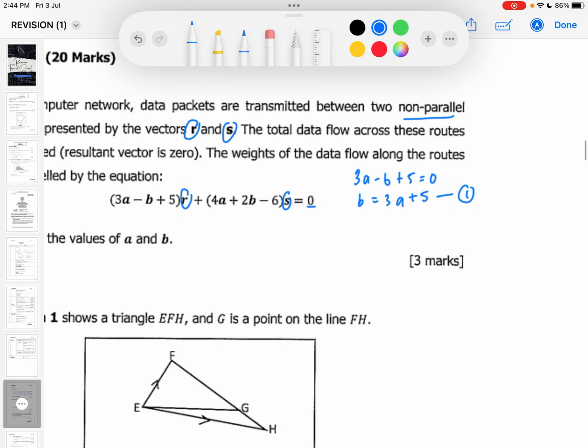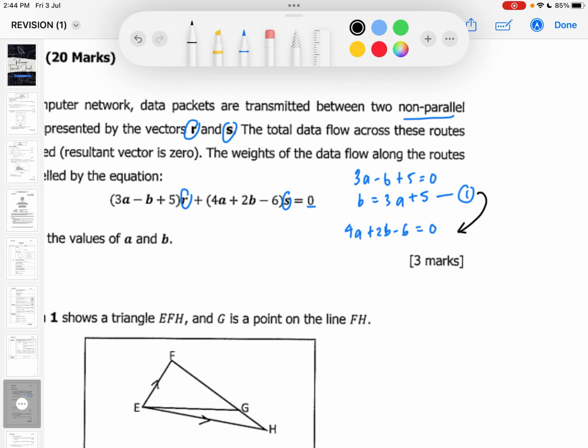For equation 2, we do the same thing: 4a + 2b - 6 = 0. Do not take into account s. The reason why I set b as the subject is because I want to substitute it into here to find what exactly a is. So we are doing substitution.